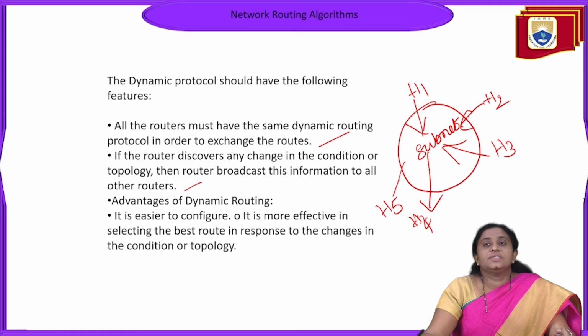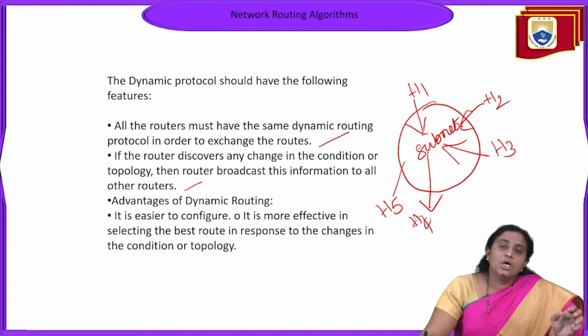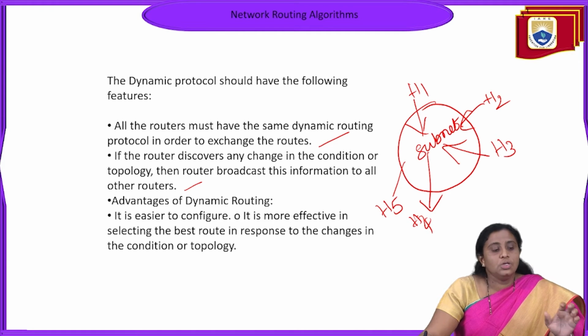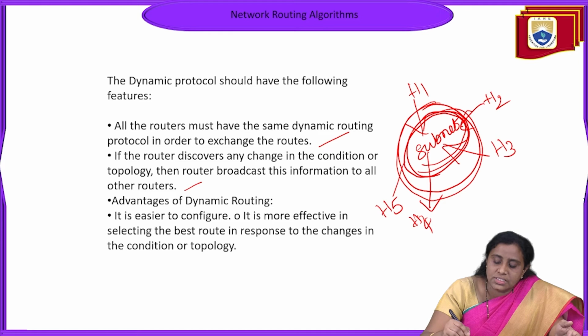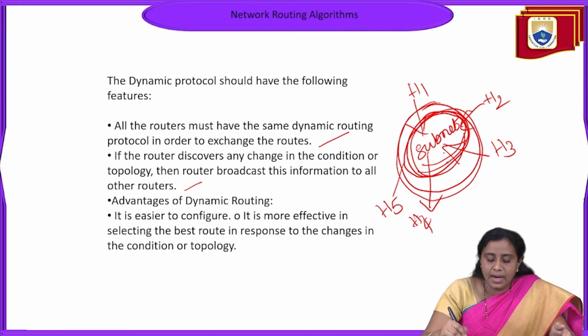If the router discovers any change in the condition or topology, then the router broadcasts this information to all the remaining routers. That means if the central hub of the subnet is disturbed or any error occurs, it needs to inform all other hosts linked by means of that one subnet.